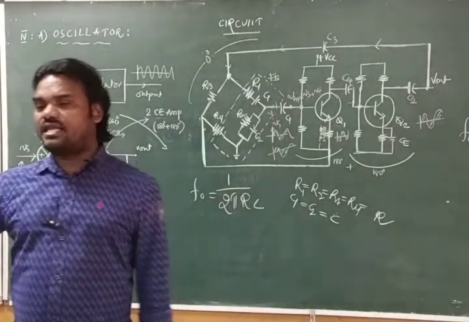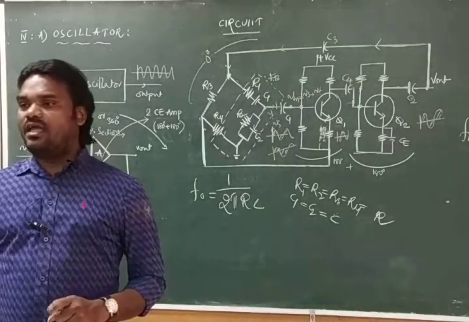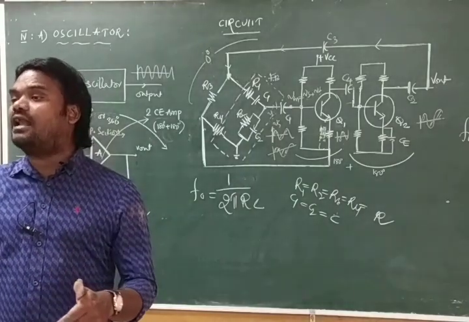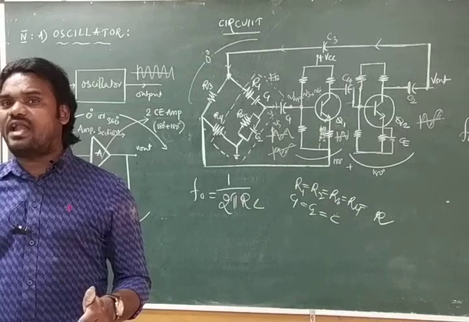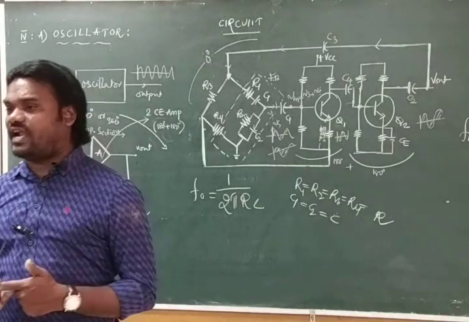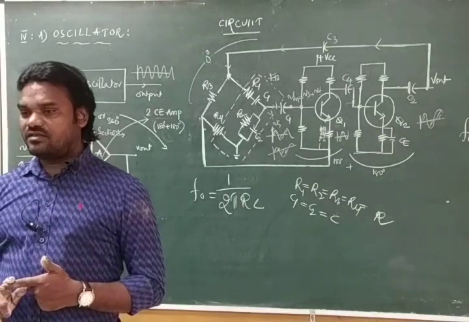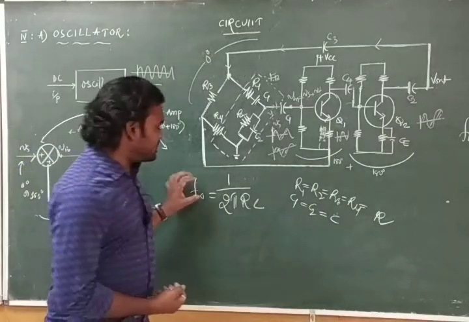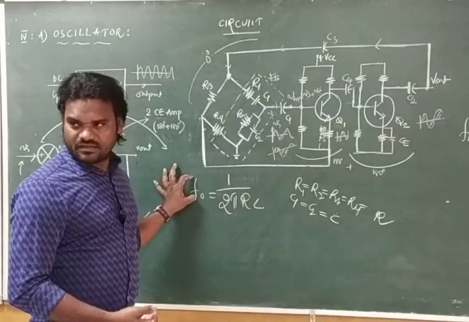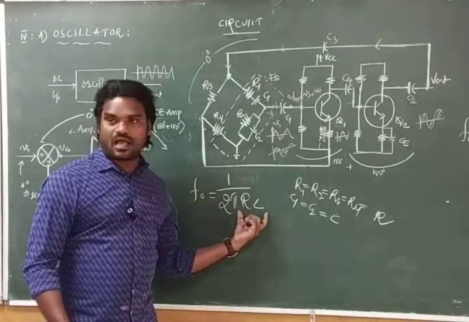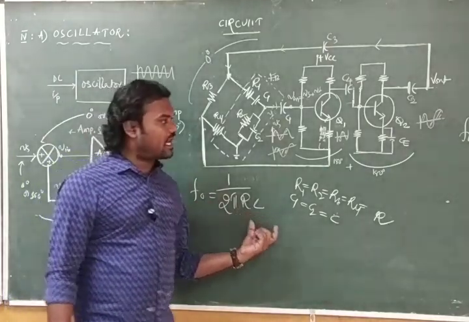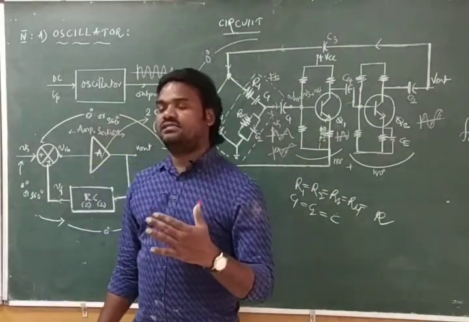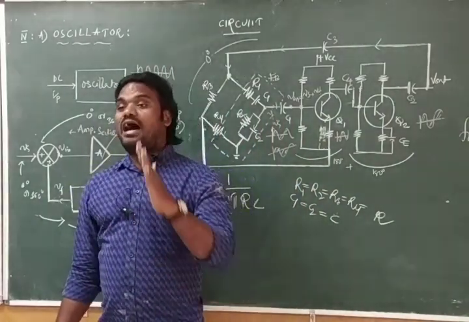Then I am asking a question, you should answer now. If a frequency of oscillation is purely dependent on R and C components, then that oscillator is classified as RC oscillator.